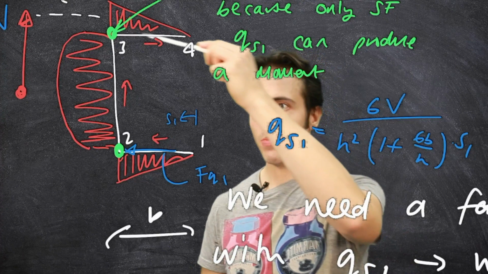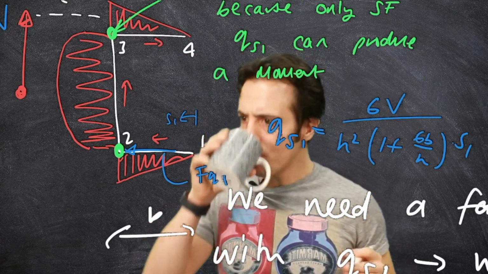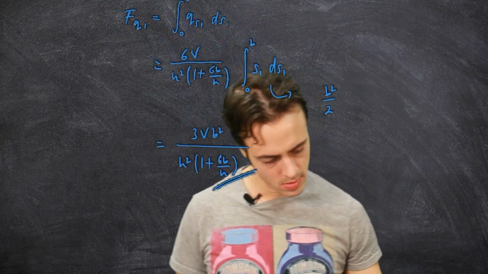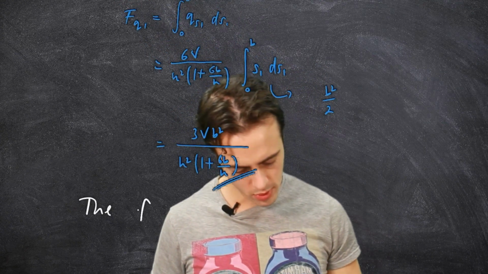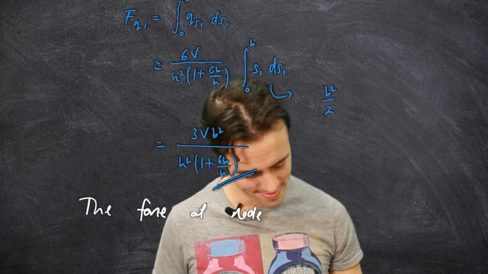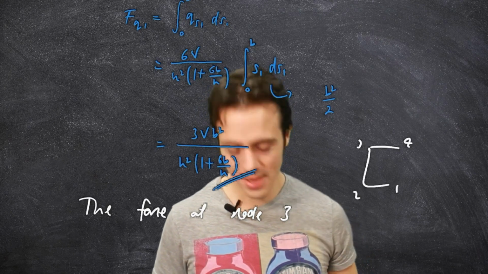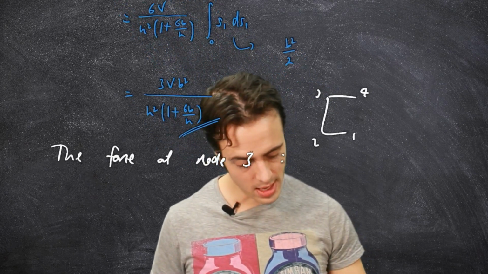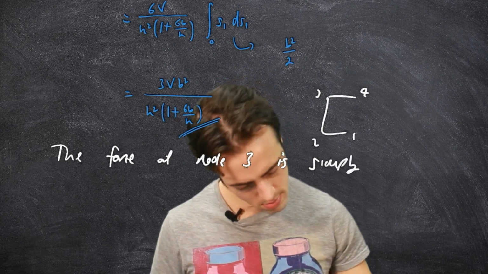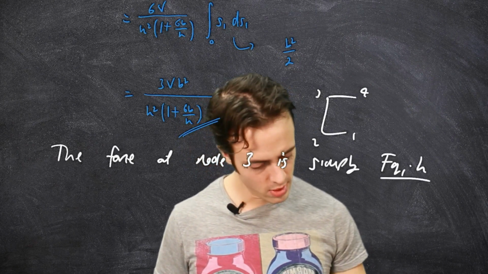So the moment that's going to produce is just going to be taking that force and multiplying it by h. So the force at node 3, remembering our nodes were 1, 2, 3 and 4, is simply what we've just done above multiplied by h. I'm not going to write that down just yet because I don't need to write it.